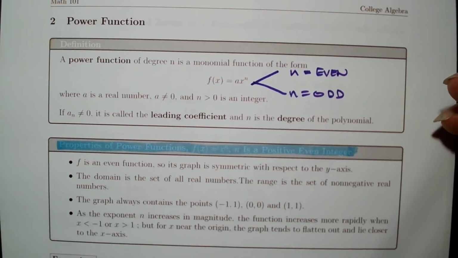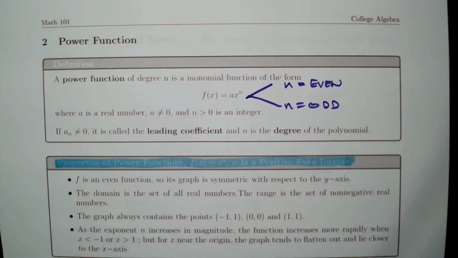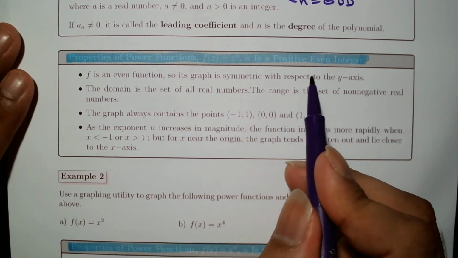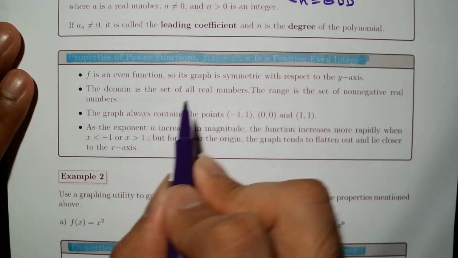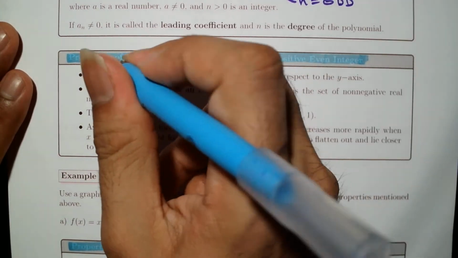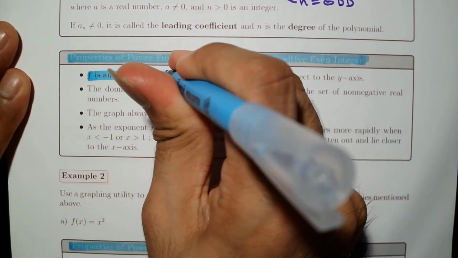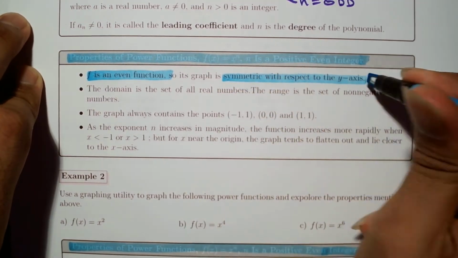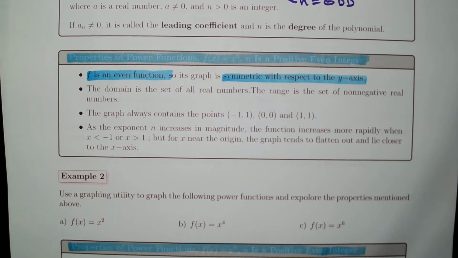What are those properties? When we have a power function whose degree is an even number, we're going to find out that the function is an even function. It's symmetric with respect to the y-axis, which connects with the material we covered in the preceding chapters.